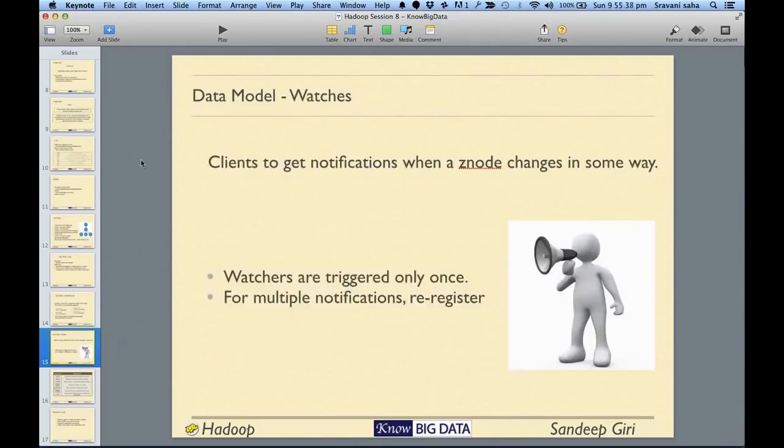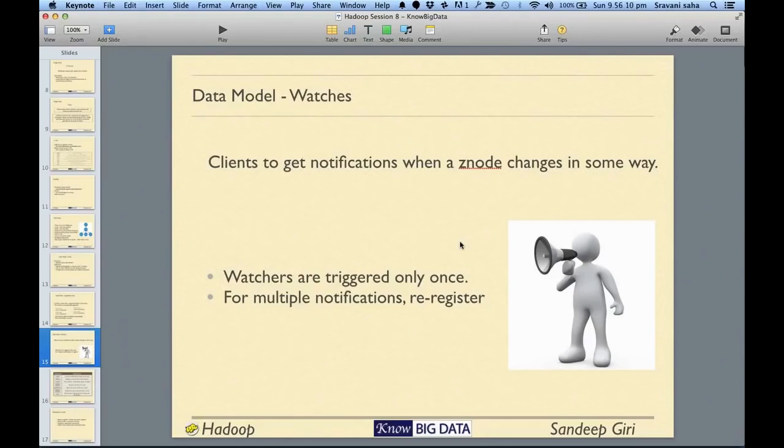Next is watches. Clients get notification when a znode changes in some way. While creating a node, we can also say that please notify me. Similarly, while getting the data from a node, we can also say please notify me. Those are called watches.